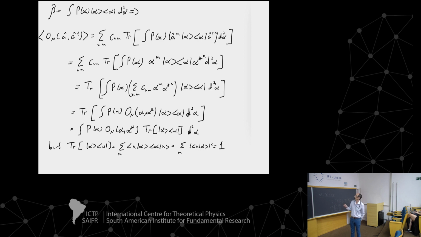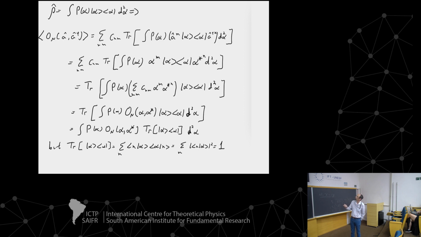And here we have the application of this operator from the right side into the bra alpha, so we get alpha conjugate taken to the power n. What's nice here is that your operators have now disappeared, and you have a summation involving only C numbers.